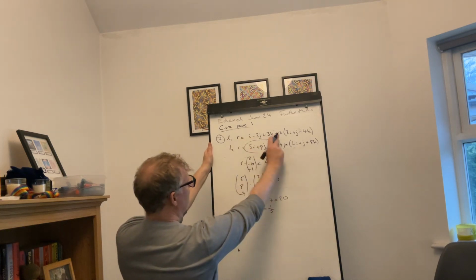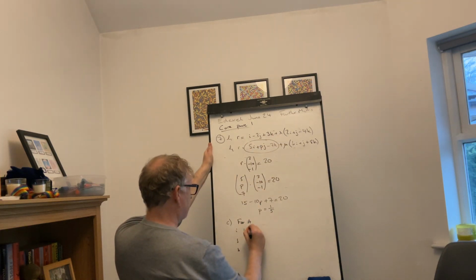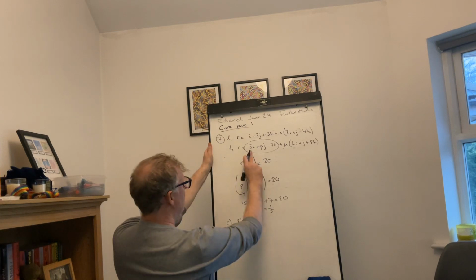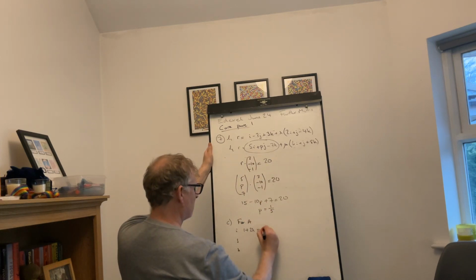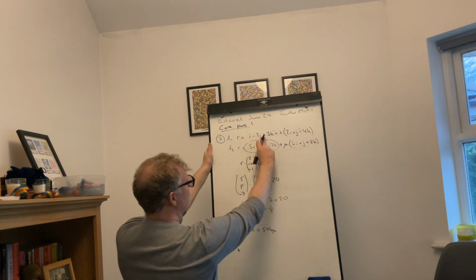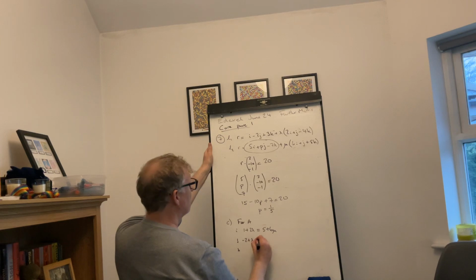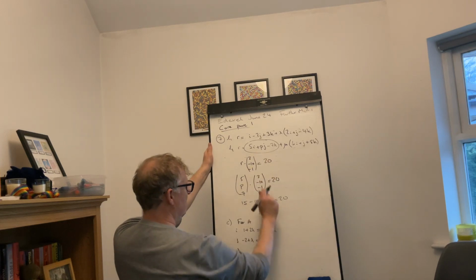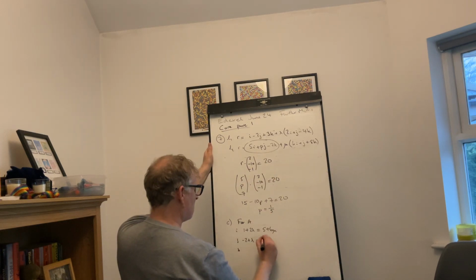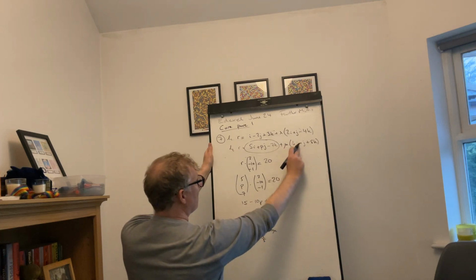We've got 1 plus 2 lambda has to equal 5 plus 6 mu. And then for the J's, minus 2 plus lambda has to equal, p is a fifth, isn't it? So a fifth plus mu.